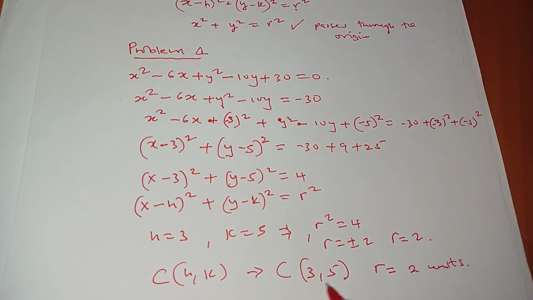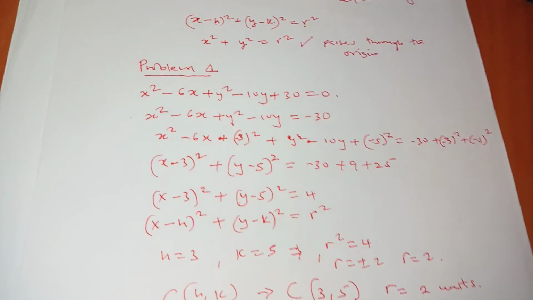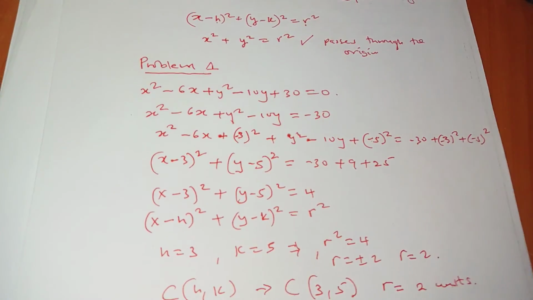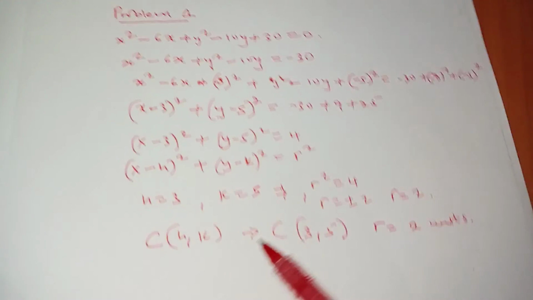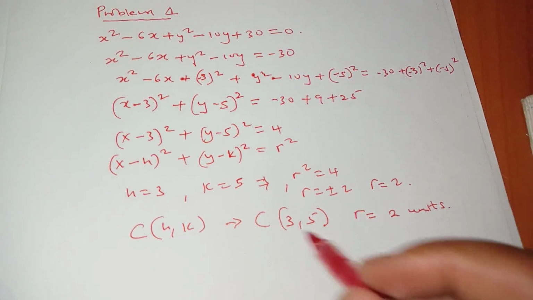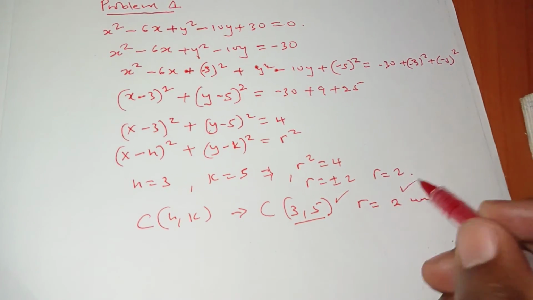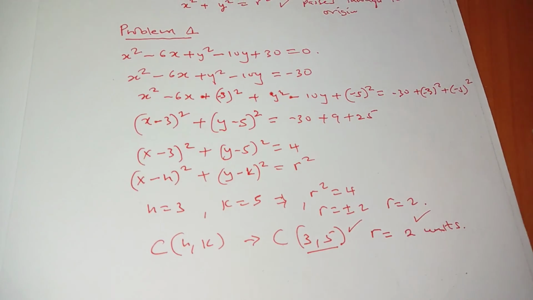Once you arrive at this point, you match the standard equation of a circle with what you have simplified here, and then you solve for h and k, which is the center, and you also get the radius. So these are the required answers for the center and radius respectively. Thank you.